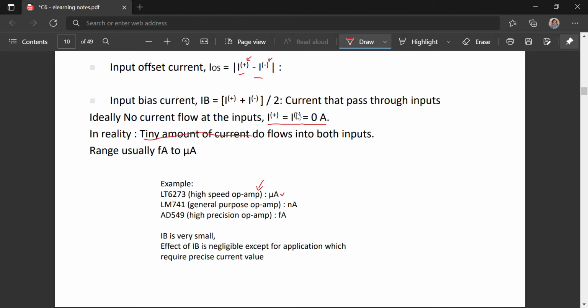If we use a general purpose op-amp, the input bias current is in nanoampere. And if we use a high precision op-amp, usually the current is in femtoampere. However, IB is very small, so we can neglect the effect of IB except for applications which require a precise current value.